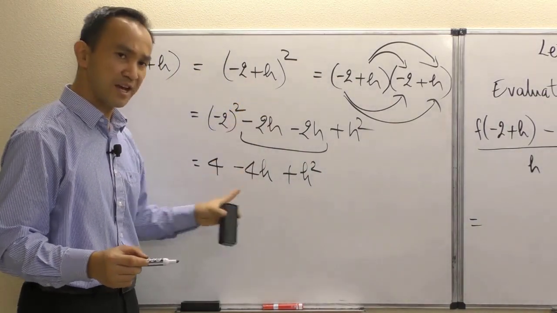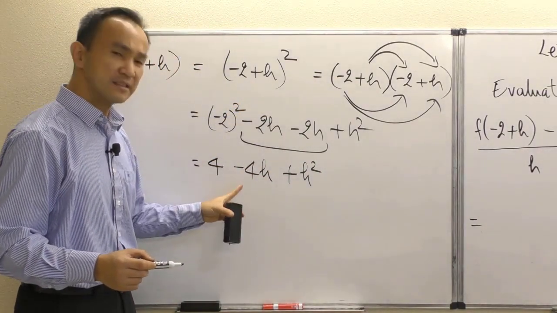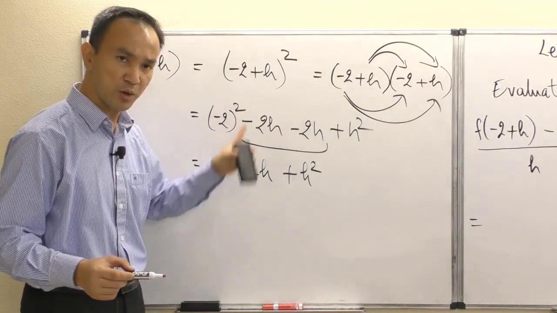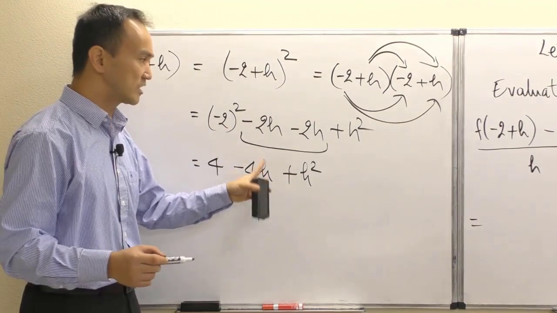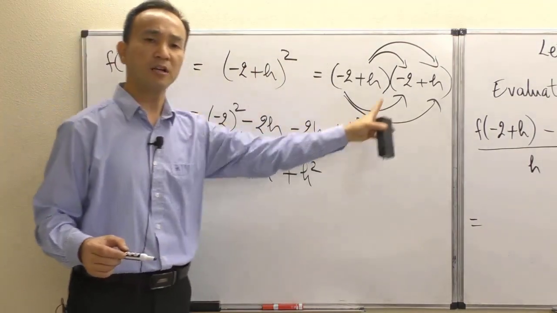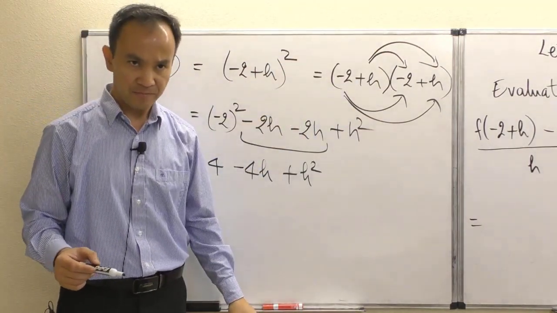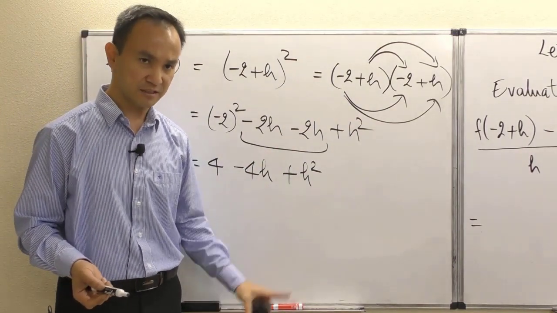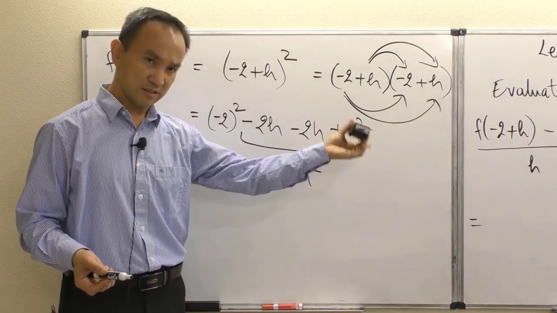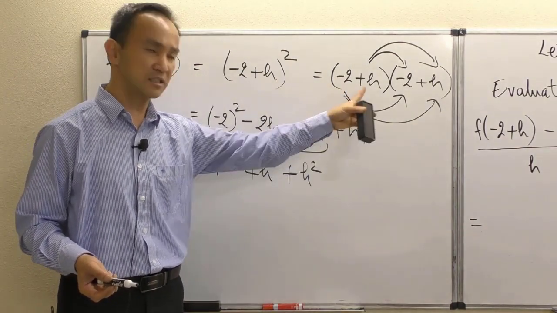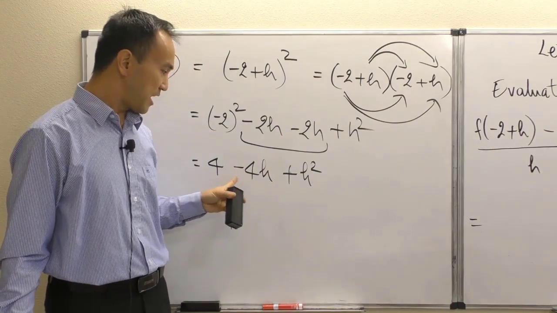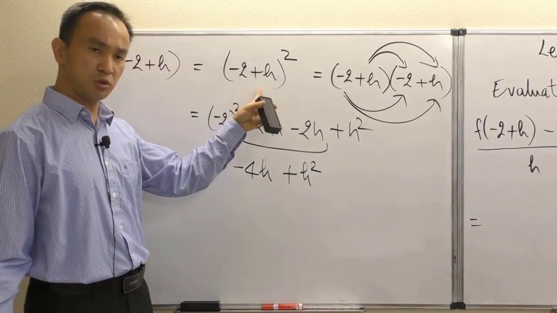And like I keep saying quite a few times already, I'm pretty sure you must have learned some fast trick to recognize that perfect square and quickly come up with this end result, completely bypassing all of these foiling steps right here. So if you know that trick, go for that. I have no objection against that, but just allow me to go with this seemingly slower method, but common to everyone. Okay, so now that is my end result of expanding this perfect square.